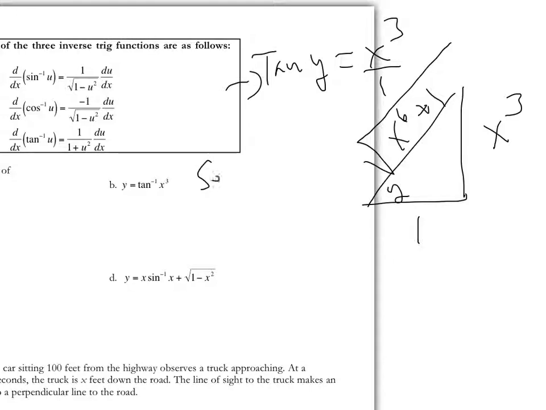So that's the secant squared of y times dy dx equals, the derivative of this side is 3x squared. Now we're going to divide both sides by the secant squared of y.